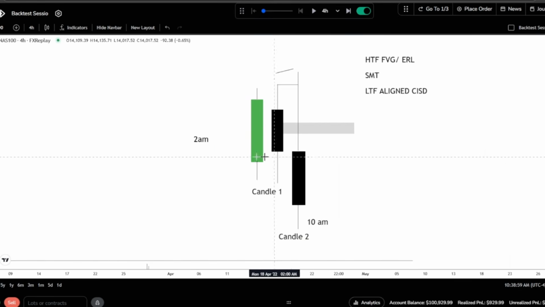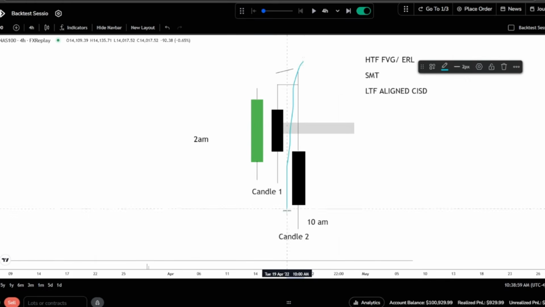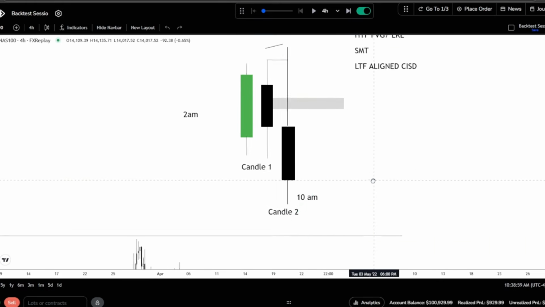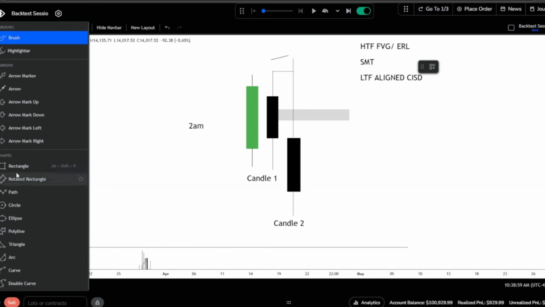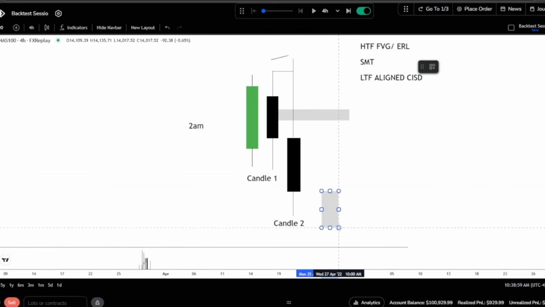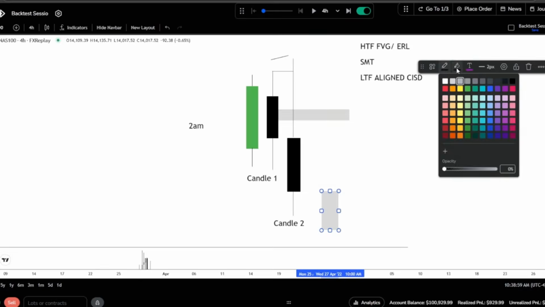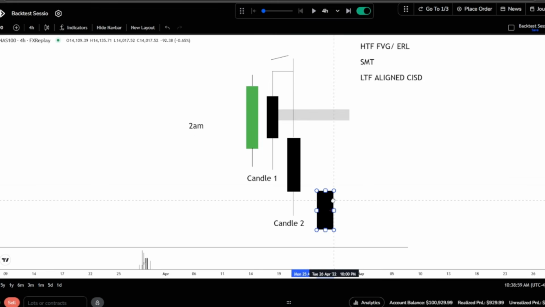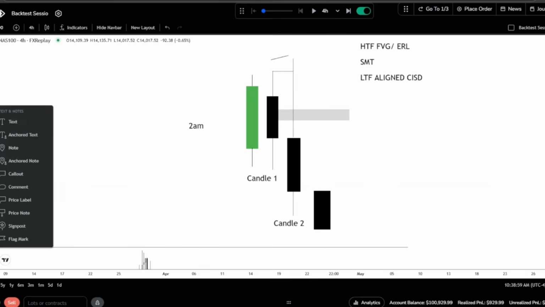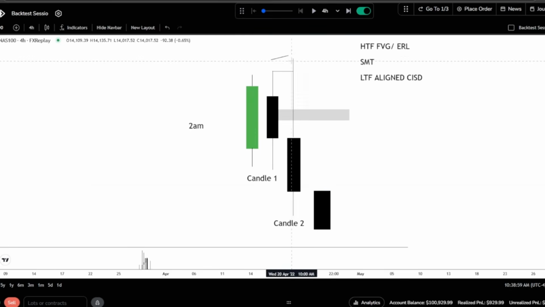And so when you see this 10 a.m. candle closure like this, you can expect the 2 p.m. candle, right, the next 4-hour candle, to do what? To act as the distribution candle. You get what I mean? So I want to carefully say this so I don't confuse, but it's whatever candle, right, that is, so the candle 2 is always going to be the candle that manipulates to the high of day, right?